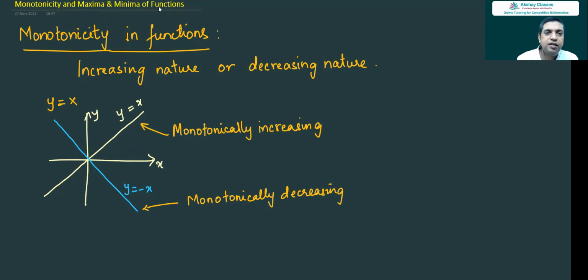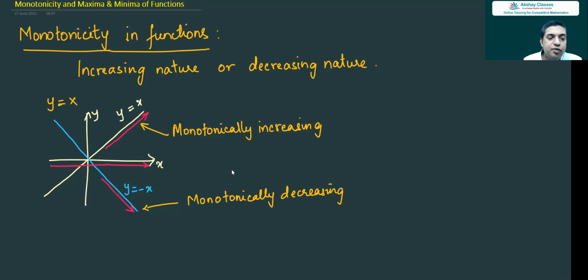Now, this has a bearing on maxima and minima. It's very important. Now, increasing and decreasing nature, very important is we move from left to right on the x-axis. When we are moving from left to right, that means we are moving towards increasing values of x on the x-axis. Then if the function value is increasing, then it is monotonically increasing. And if the function value is decreasing, then it is monotonically decreasing.